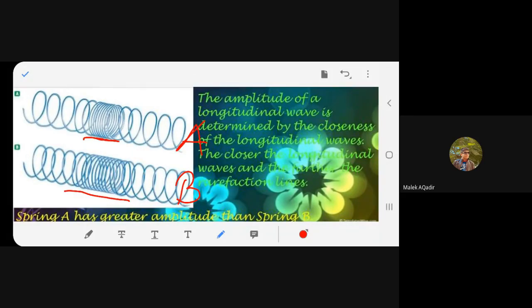Have you understood? So you can see the closeness is too much over here, where it is getting apart. So the amplitude over here in spring A is larger than spring B. Hope you are understanding. More close, more amplitude. More apart, less amplitude. This is what they wanted to show you.